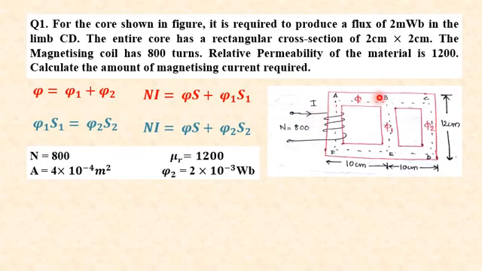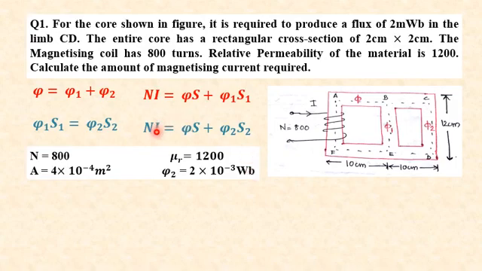In this question, the flux in the path BAFE can be taken as phi. This flux is split into phi 1 and phi 2. As per the question, phi 2 is given as 2 into 10 raised to minus 3 webers.